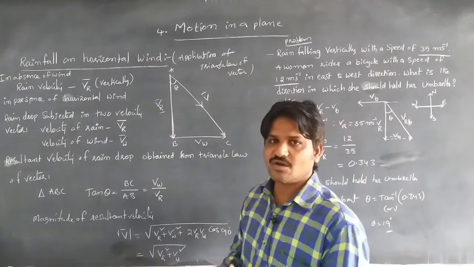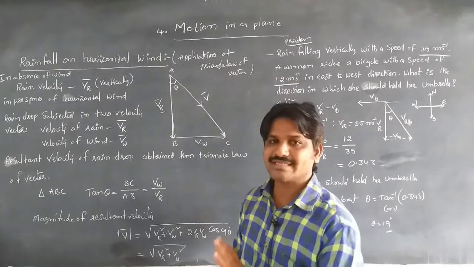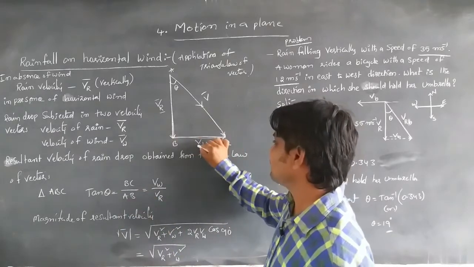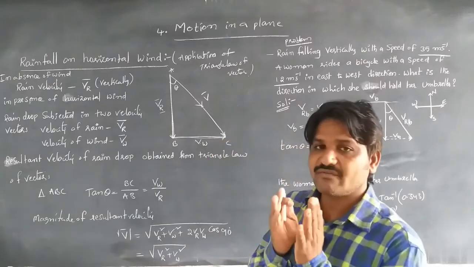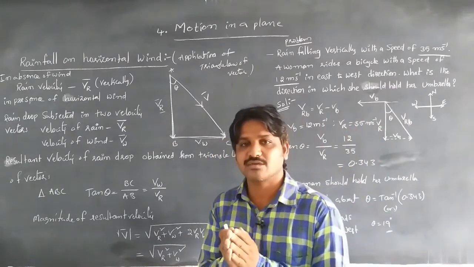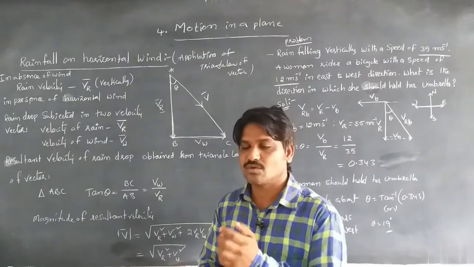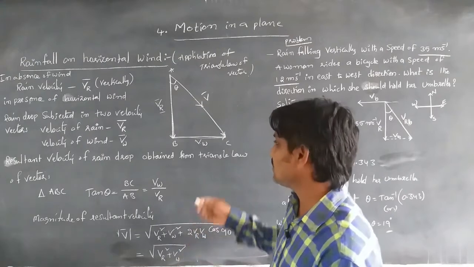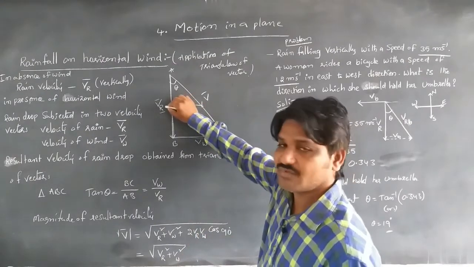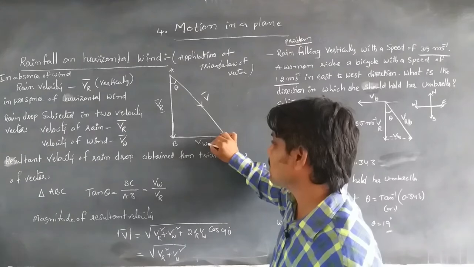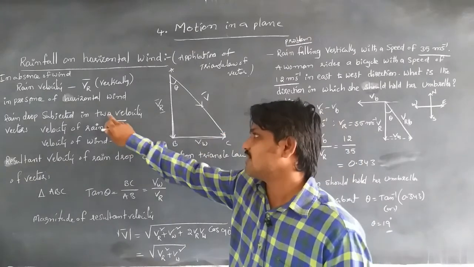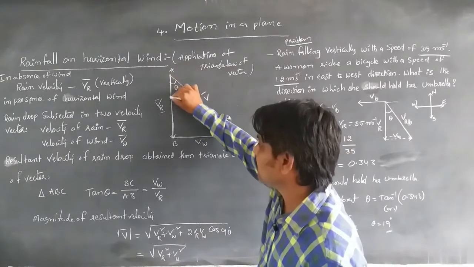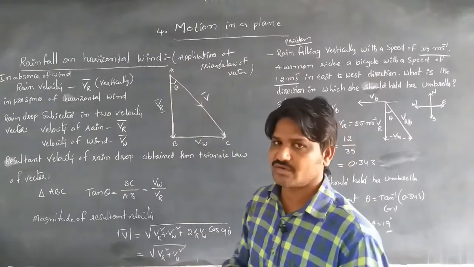In the presence of a horizontal wind, with velocity Vw, the total velocity of the raindrop can be resolved into two velocity vectors: the velocity of the rain Vr and the velocity of the wind Vw. In the absence of wind, the rain falls vertically downwards with velocity Vr without any deviation.